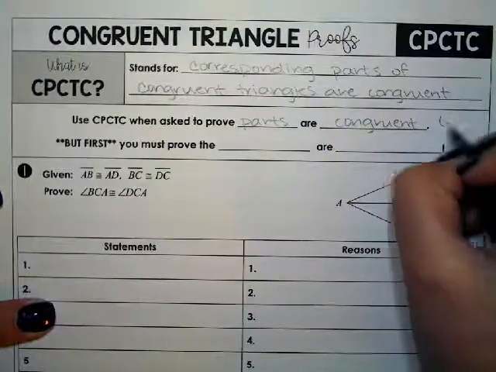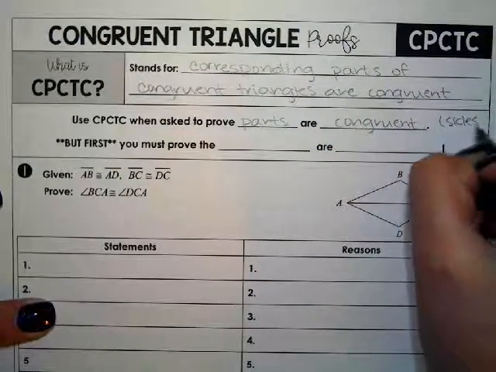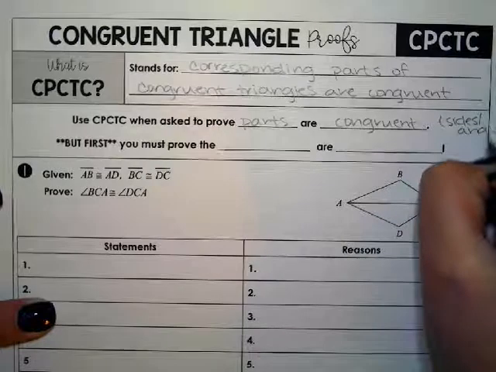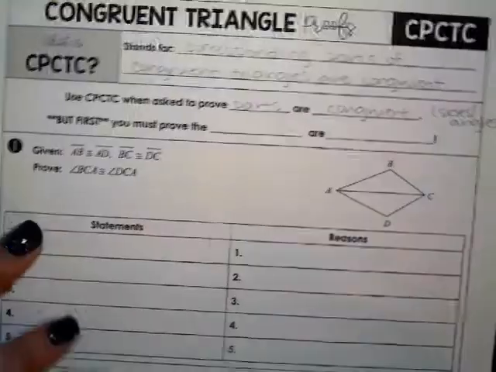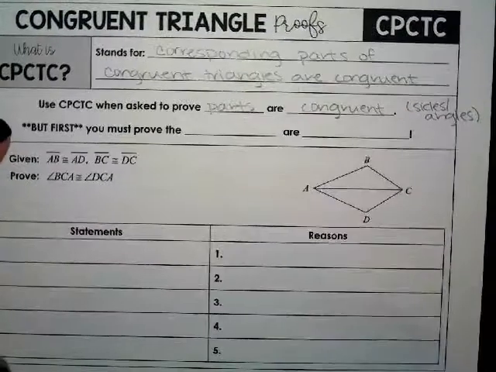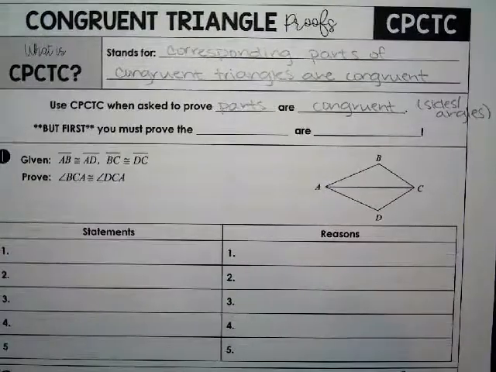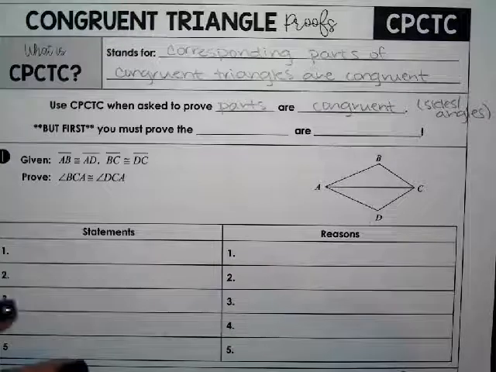What do we mean by parts? We mean sides and angles. Parts are considered to be sides of the triangle and angles of the triangle.